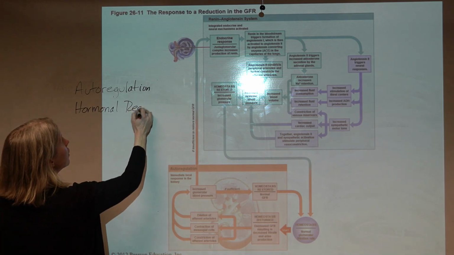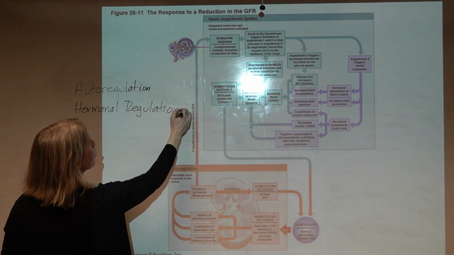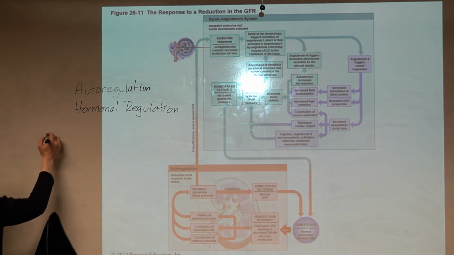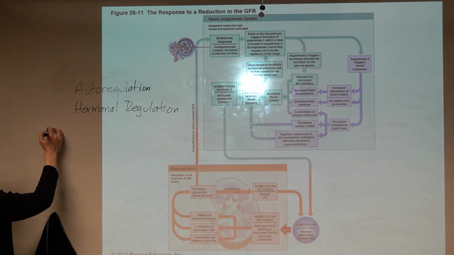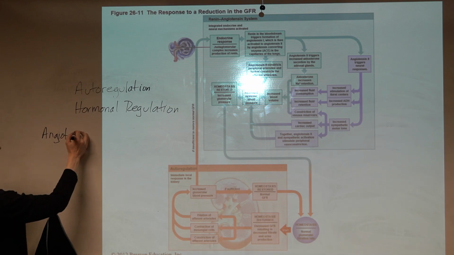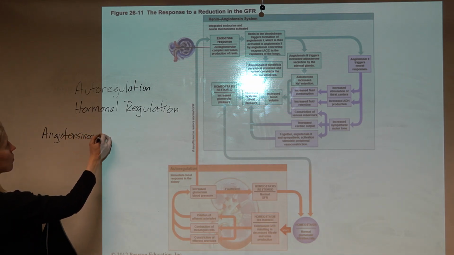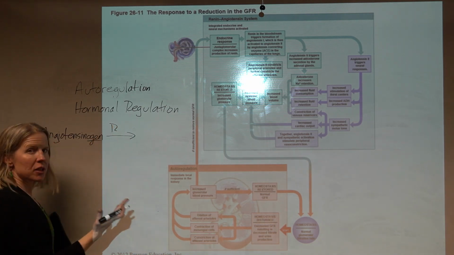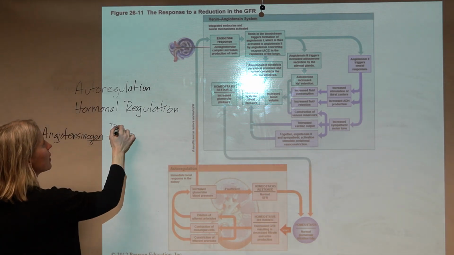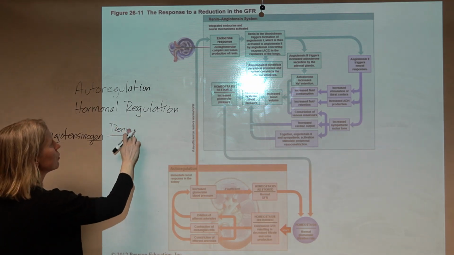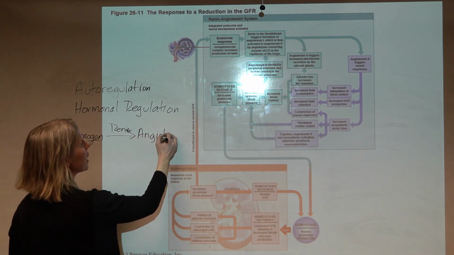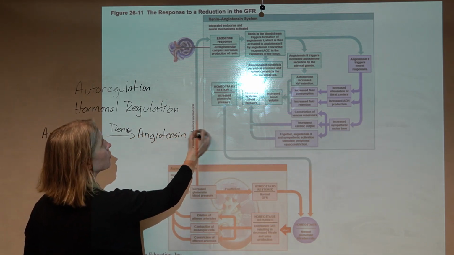regulation. If you've got this, fast forward. If you need to hear it one more time, right? Remember that the liver is producing angiotensinogen, and this inactive protein is circulating in the blood. When the juxtaglomerular apparatus here at the nephron releases renin, we go ahead and change that into angiotensin 1, right?